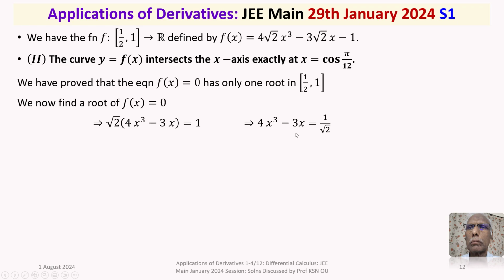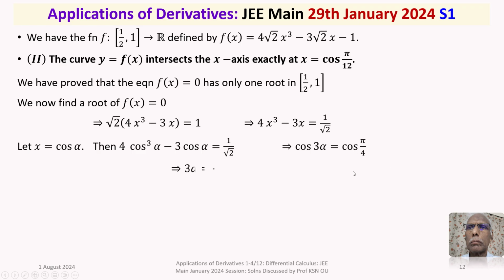If you substitute x is equal to cos alpha, this will be 4 cos cube alpha minus 3 cos alpha, which is precisely cos 3 alpha. So let x is equal to cos alpha, substitute, then it will be cos 3 alpha is equal to 1 by root 2, that is cos pi by 4. That will give rise to 3 alpha is equal to pi by 4 and alpha is pi by 12.